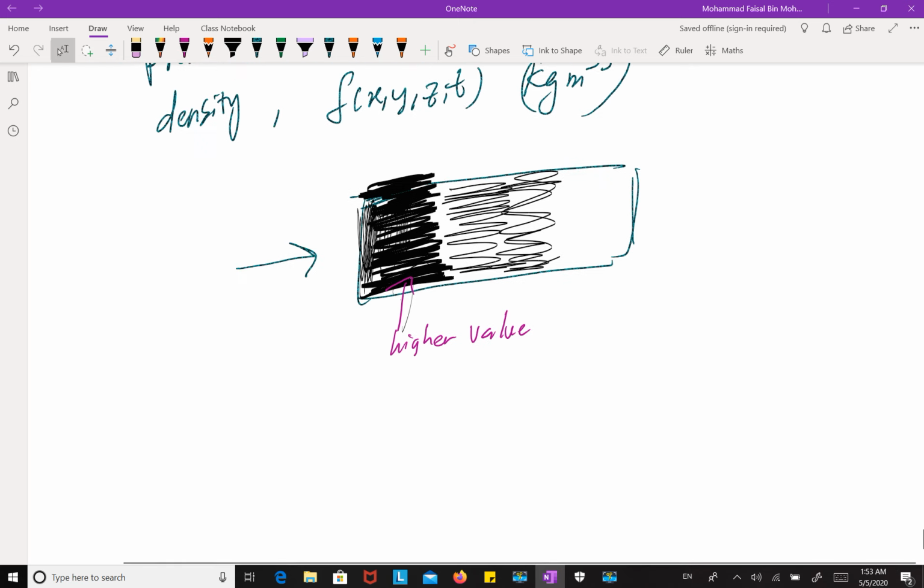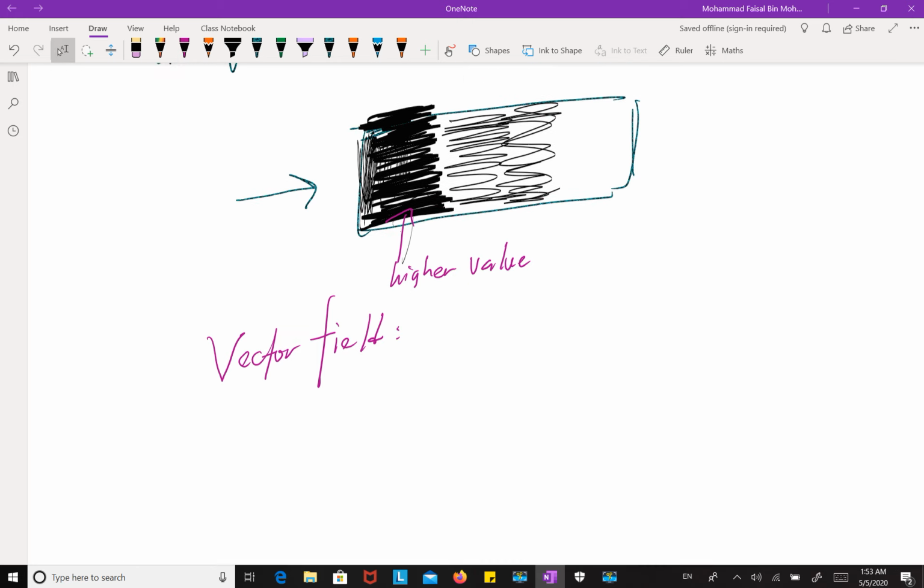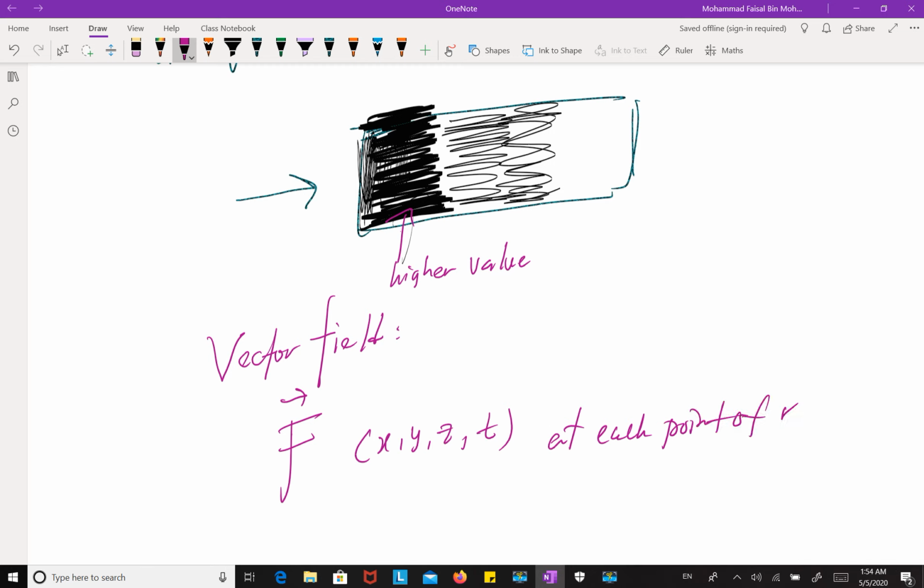So next, vector field. A vector field in 3D is simply a vector quantity that is a function of space and time, say f of x, y, z, t, at each point of R. A vector is one single vector.